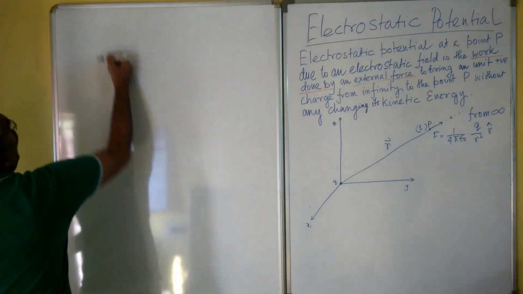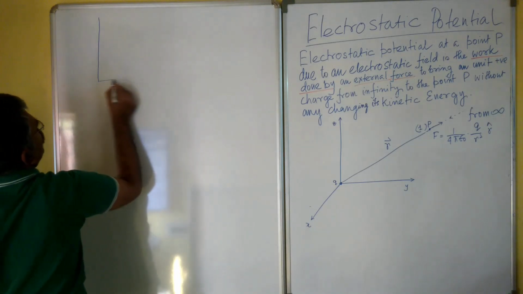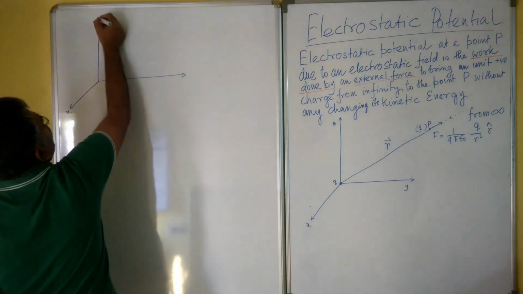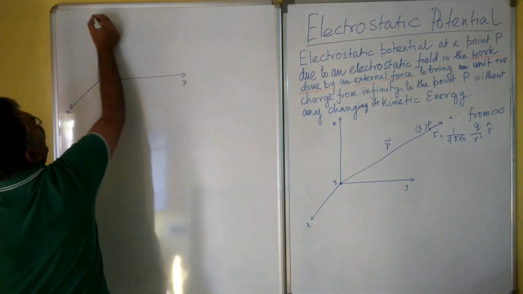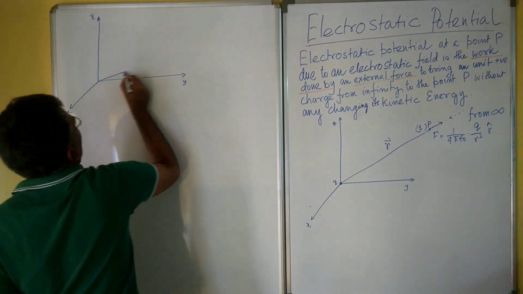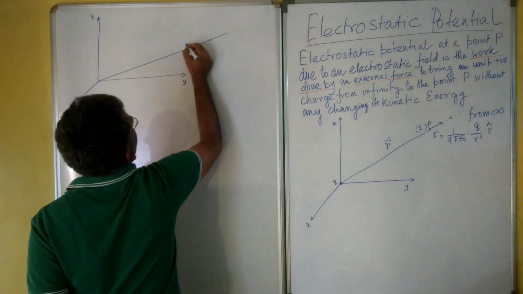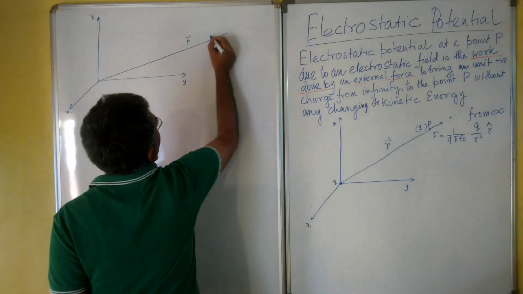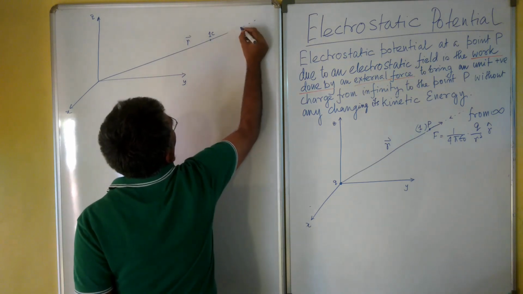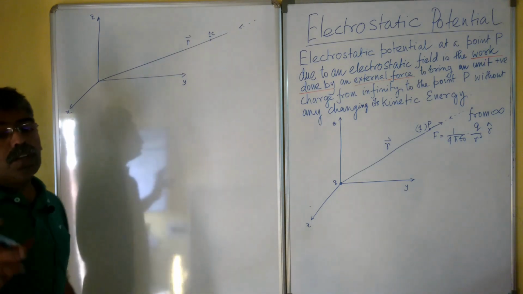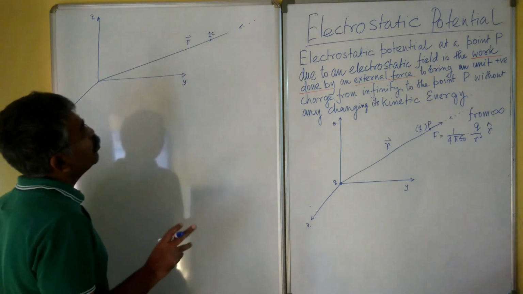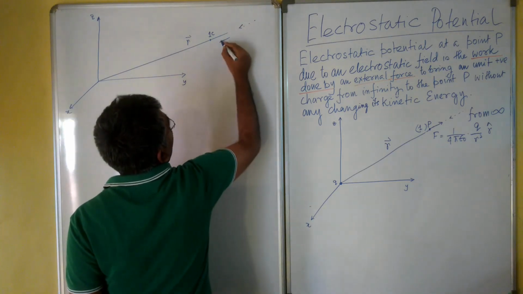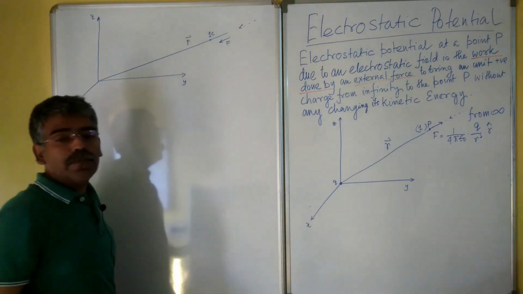Let's draw this figure again. This is X, this is Y, this is Z, and this is any point r. You are bringing this 1 coulomb of charge from infinity, but it should not change its kinetic energy. That is the most important point. So you have to give a force in this direction, else it will not come.